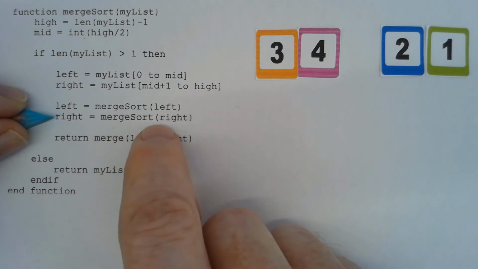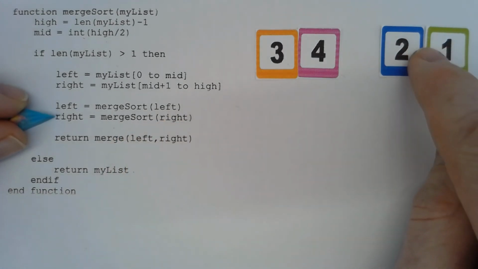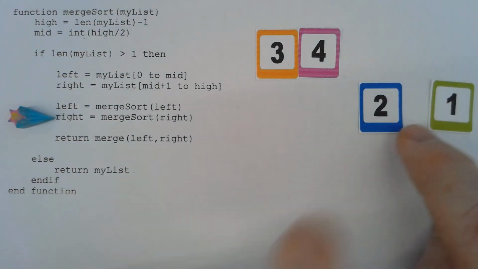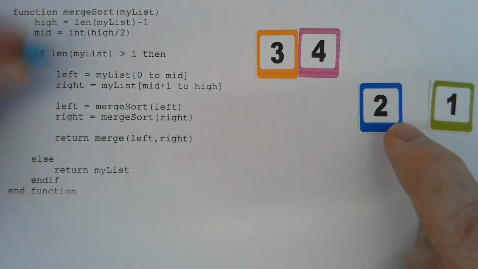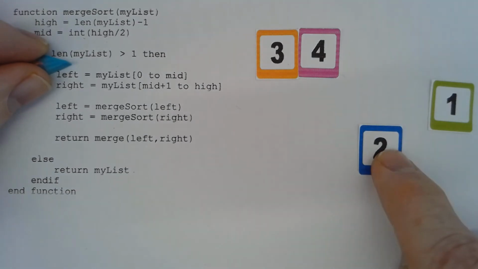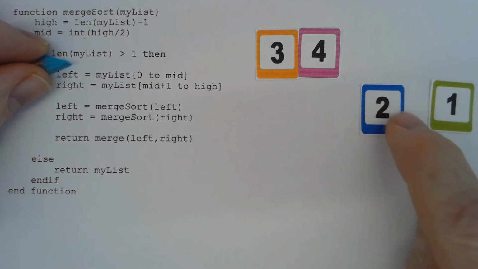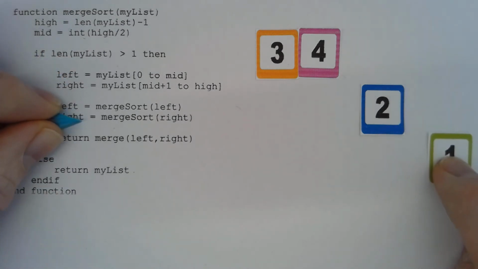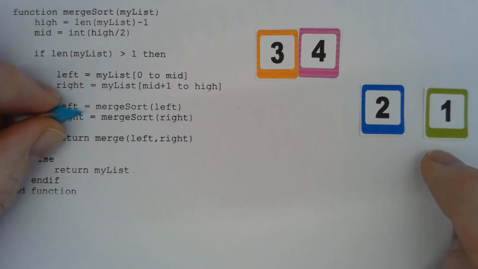We now do the right hand side of the list. This gets sent off for sorting, so it gets split, and each of these then gets sent off for sorting. It's only got one element, so it's returned as a sorted list. Then we do the right hand side, that gets sent off, is returned as a sorted list.